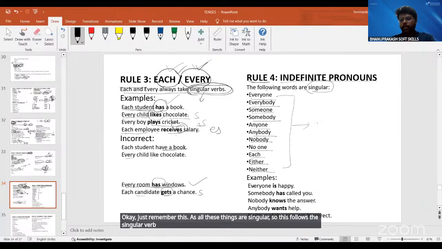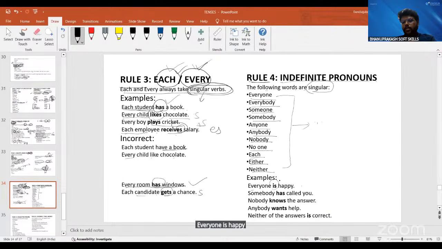As you can see, one example: "Everyone is happy," as "is" is a singular verb form. "Somebody has called you." So "has" is again singular. "Nobody knows the answer." Again, s form. "Anybody wants help." Again, s form. "Neither of the answers is correct." This is very important.